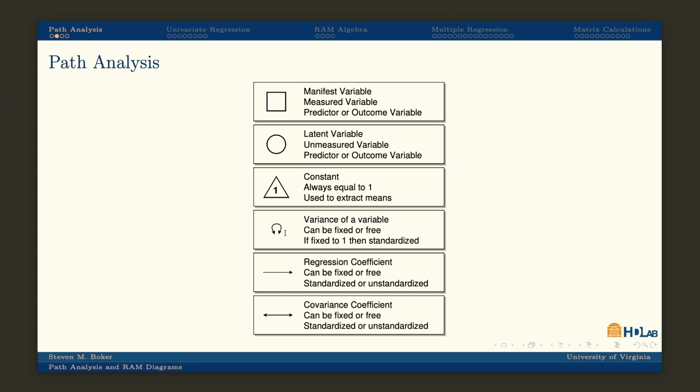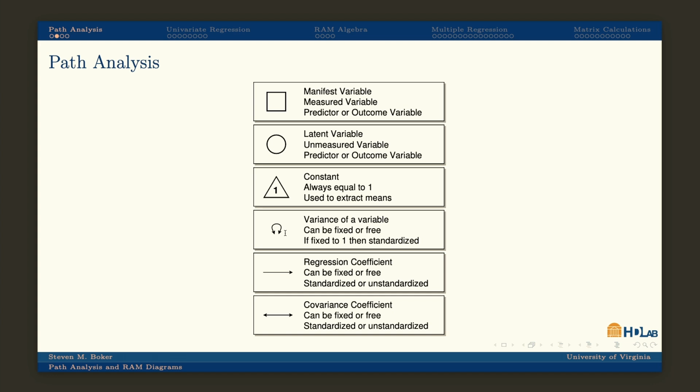But a variance is always represented whenever you want a variance. If you don't put the double-headed arrow in a RAM path diagram, that means there is no variance on that variable. For instance, and this really is possible, you can make a circle, a latent variable, that's just a dummy variable.